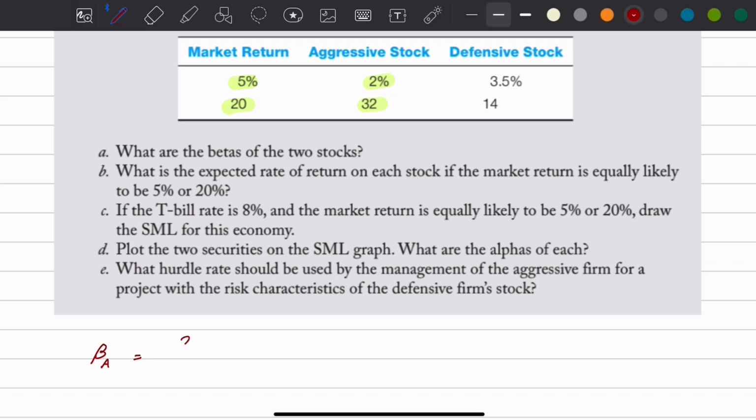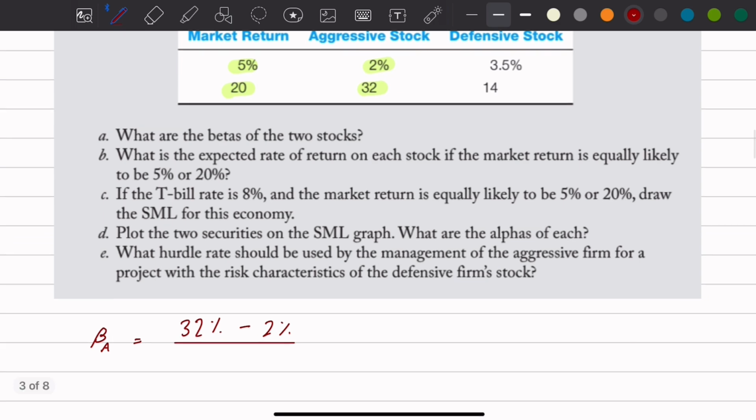So that would be 32% minus 2%, divided by 20% minus 5%. We're going to turn to our calculators.